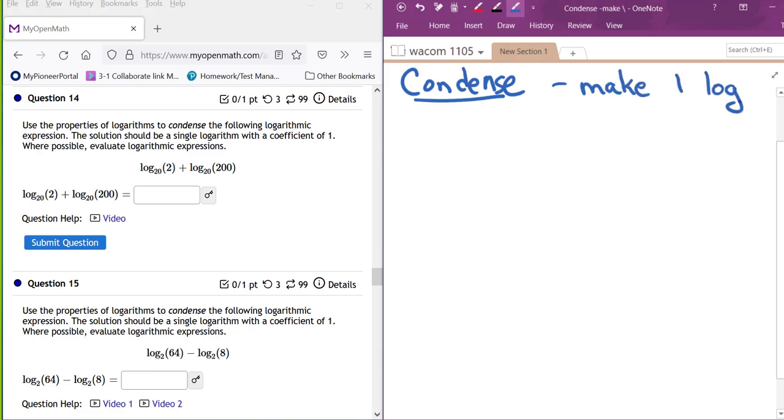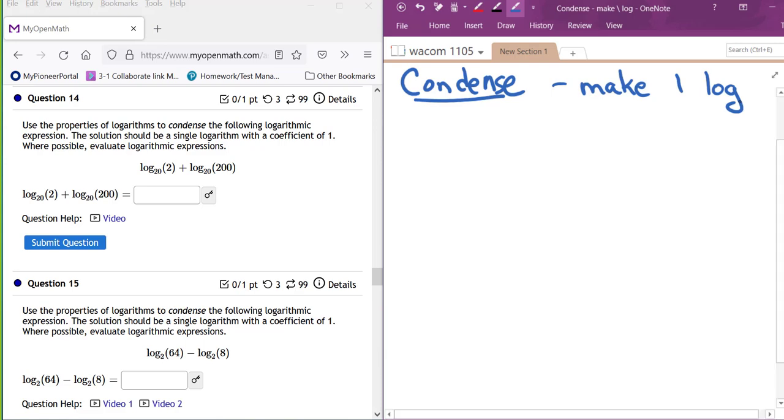And this part is really important because when you do equations, if you have a sum of logs or a difference of logs, you want to put it together and make one log before you can solve. So, and it won't say condense, you'll have to know to do that. So this is actually a skill that you will use.